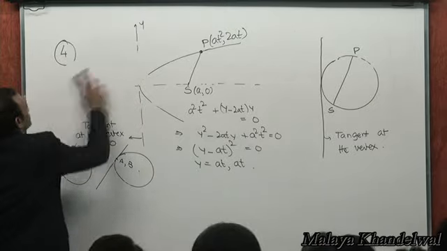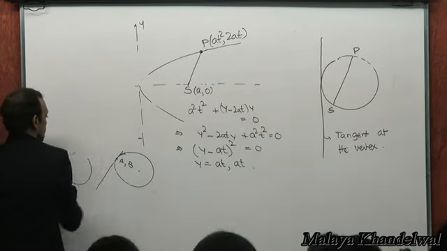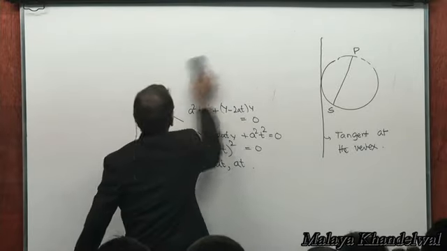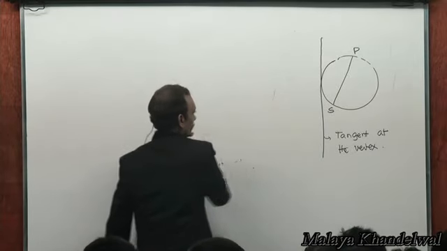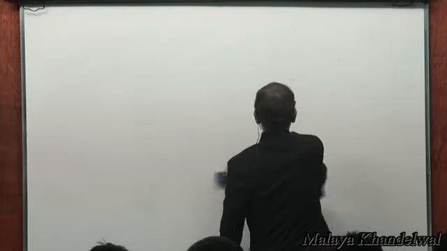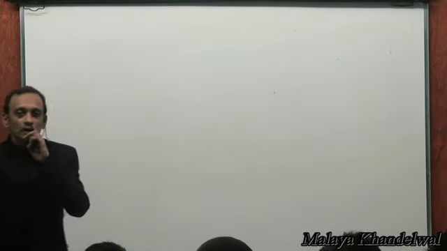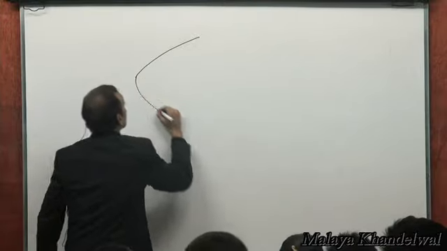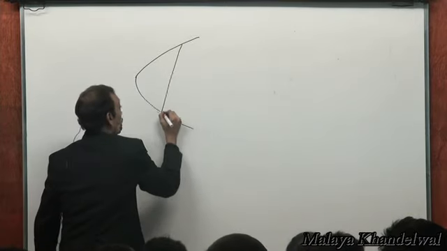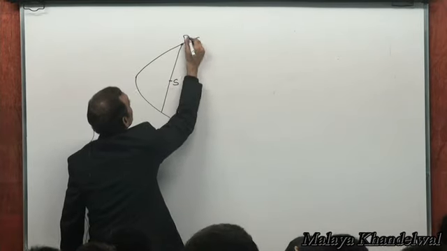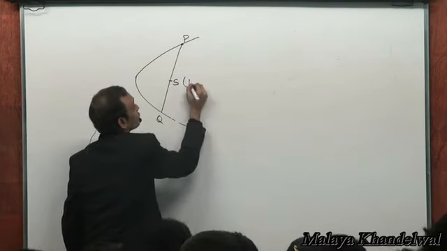Then, a circle drawn now with a focal chord as the diameter. This is a focal chord; that was a focal radius. Here PQ is a focal chord, and S is the focus.